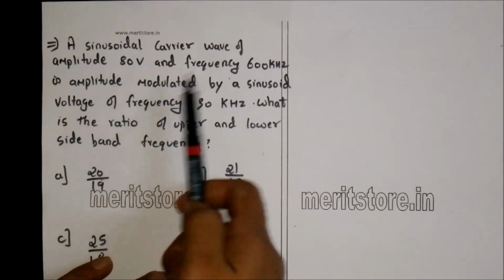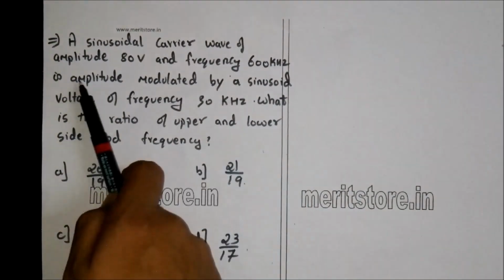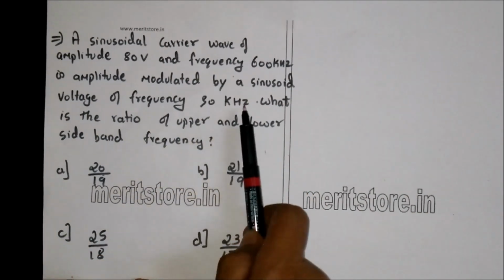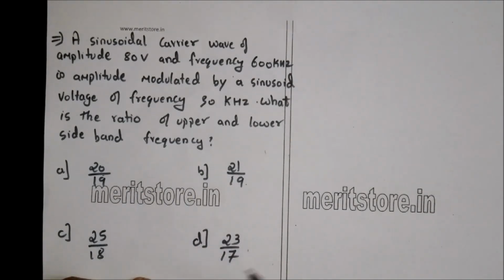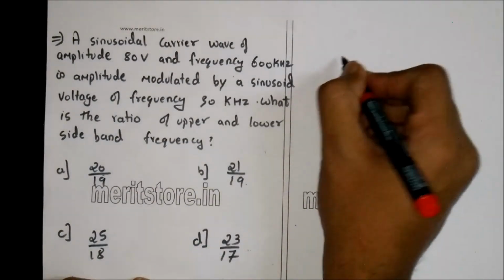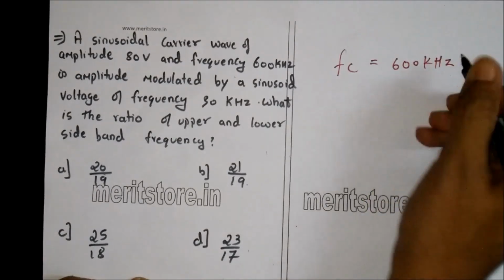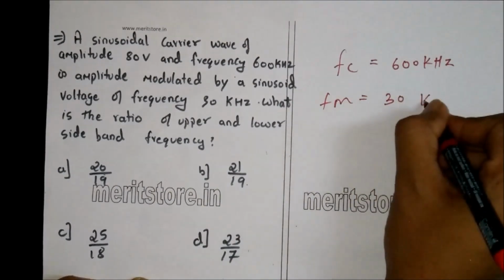A sinusoidal carrier wave of amplitude 80 volts and frequency 600 kHz is amplitude modulated by a sinusoidal voltage of frequency 30 kHz. What is the ratio of the upper and the lower sideband frequencies? Here are the options. Now, here the frequency of the carrier wave Fc is equal to 600 kHz, and the frequency of the modulating wave Fm is equal to 30 kHz.